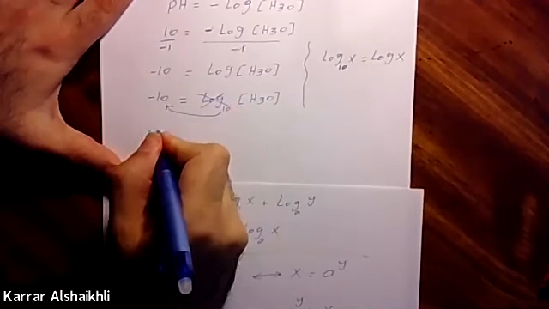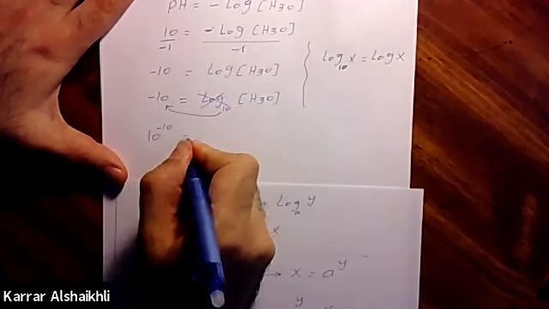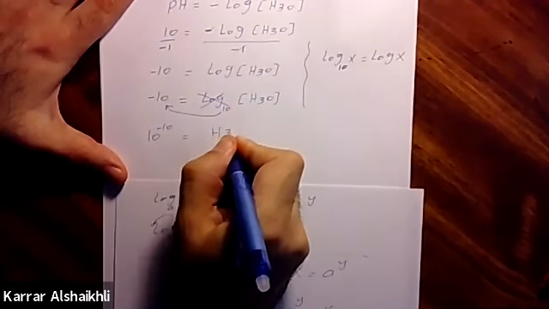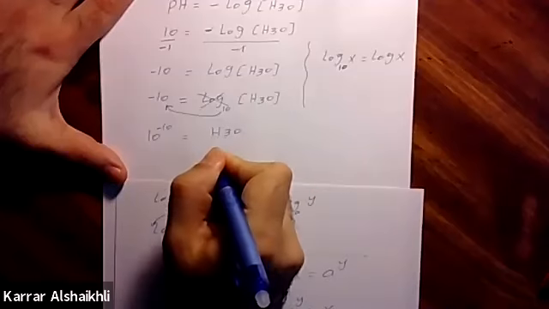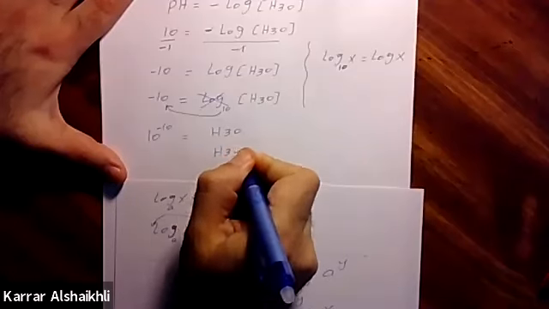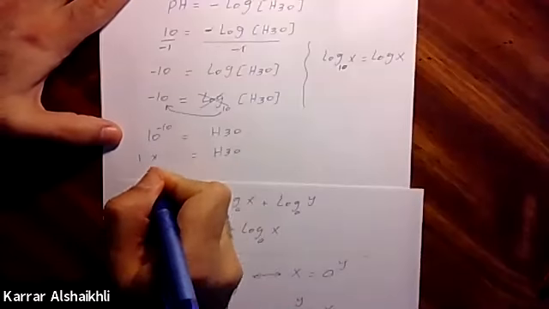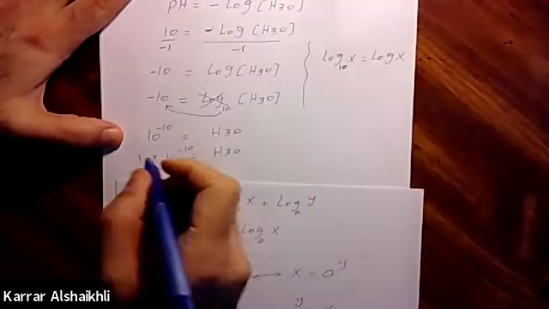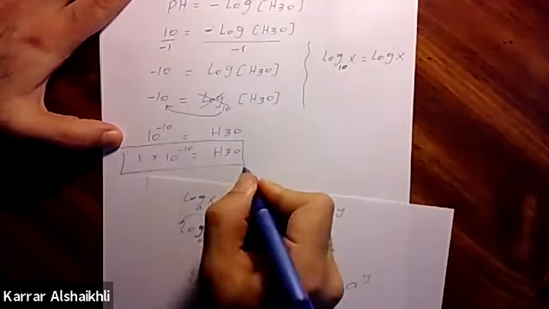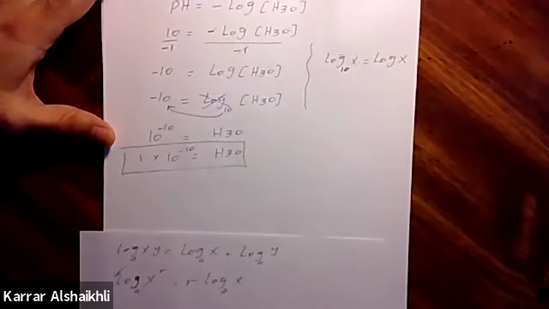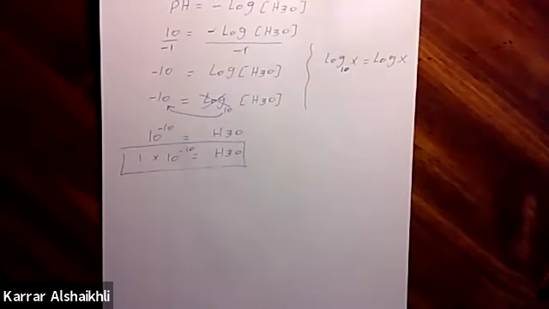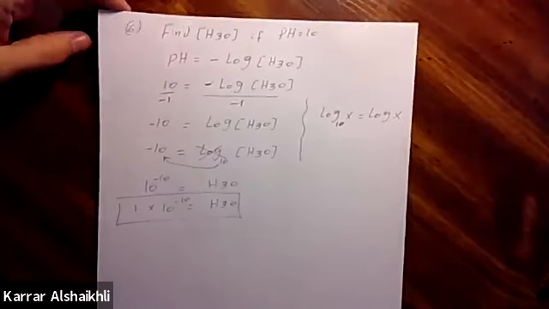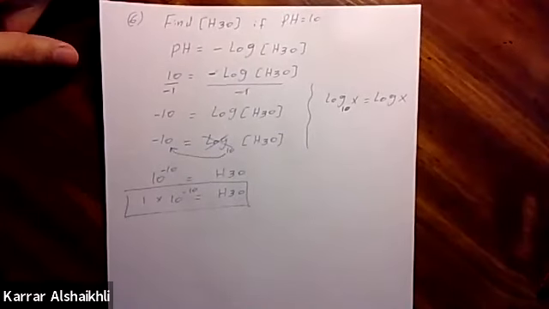So it's going to be 10 to the -10 equals H3O. I'm going to write down 1 times 10 to the -10. That's it. This is the result. Who told me I'm going to move the base? Patricia, right? Yes. I'm going to give you 50 points.